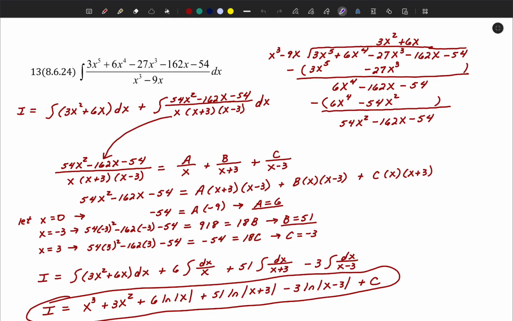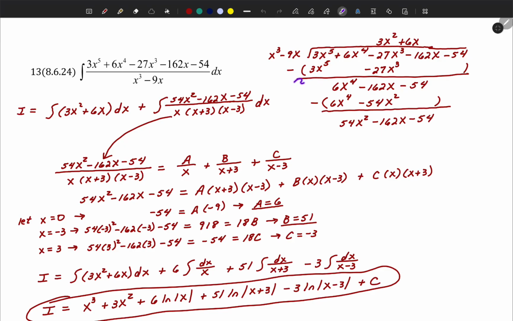So I went ahead and divided the x cubed minus 9 into that pretty massive numerator there. When I divide the x cubed into 3x to the fifth, of course, it went 3x squared times. That 3x squared then distributes to each of these terms, and I get 3x to the fifth minus 27x cubed.